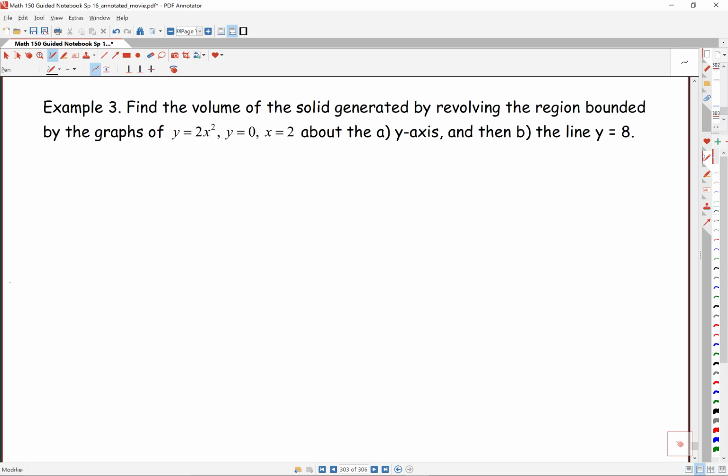So for part A, we have something like this, our x and our y. And if I plug in a 2 for x, I'm going to get out 8.